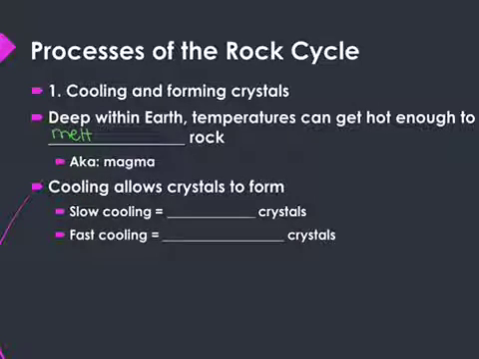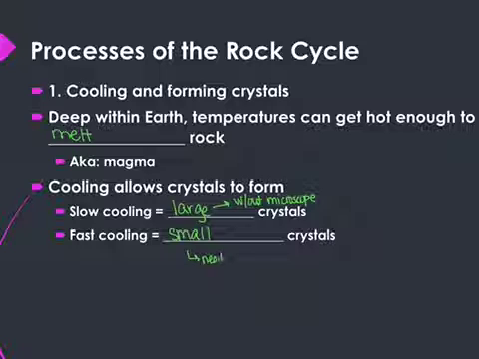If the cooling process is slow, we will see large crystals form, and by large, I mean big enough to see without a microscope. If it is a fast cooling process, the crystals will be very small and you would need a microscope in order to see them.